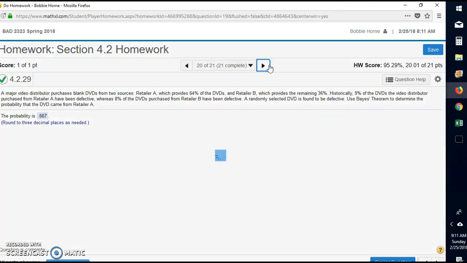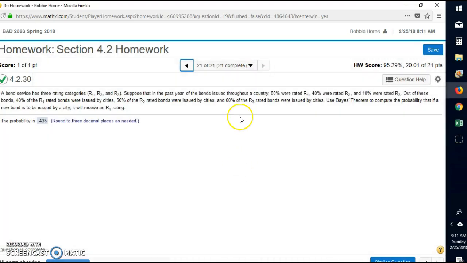The next one is the same thing basically, except we have 3 different scenarios. So we have bonds, and we have R1, R2, and R3. 50% were rated R1, 40% were rated R2, and 10% were rated R3.